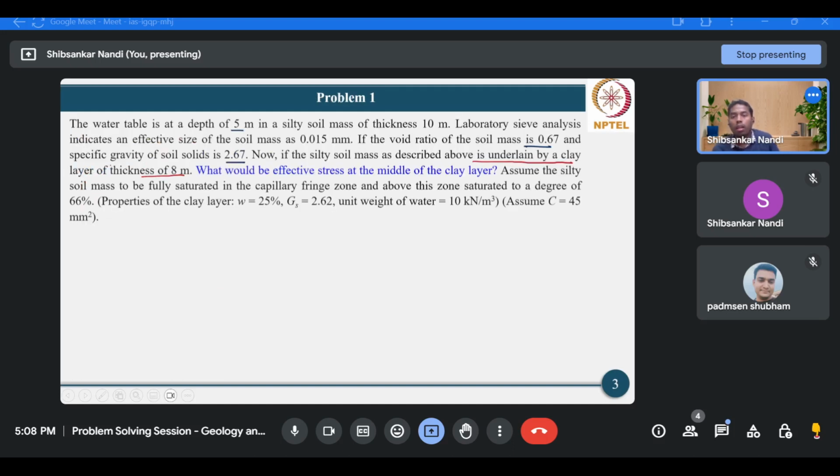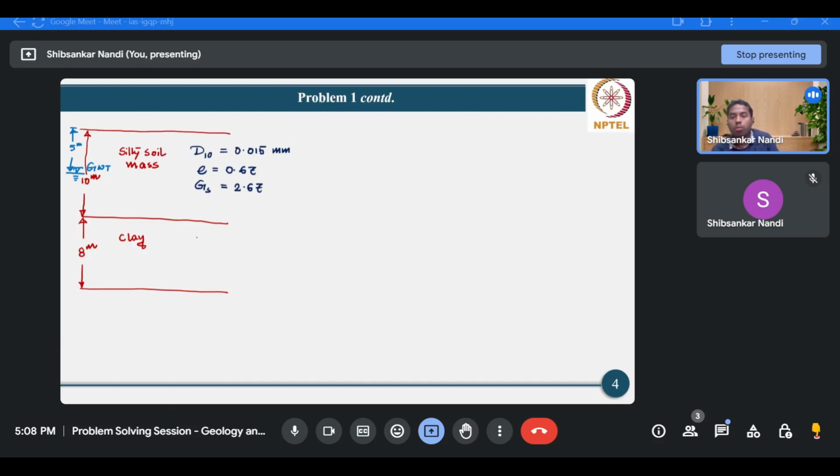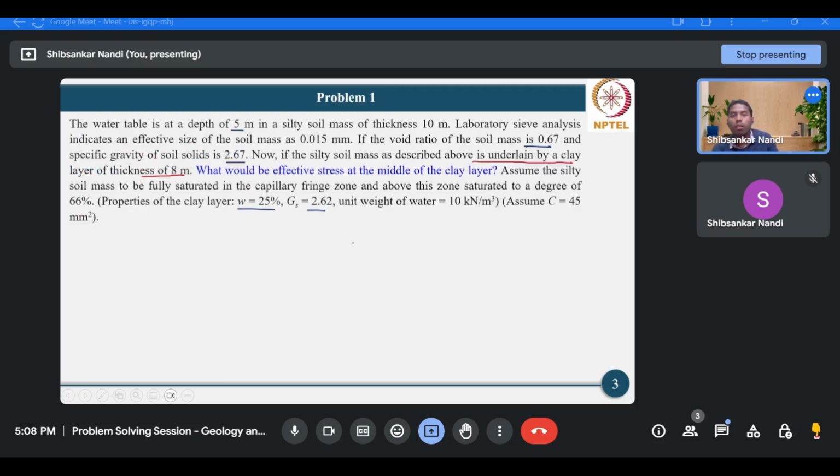Now coming to the properties of the clay layer: w equals 25%, that is 0.25, and Gs equals 2.62.